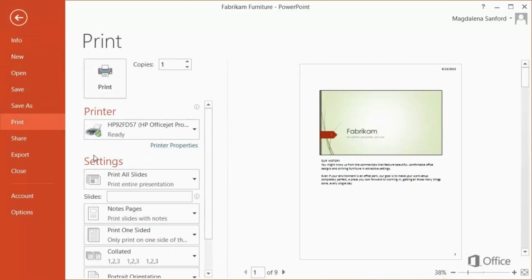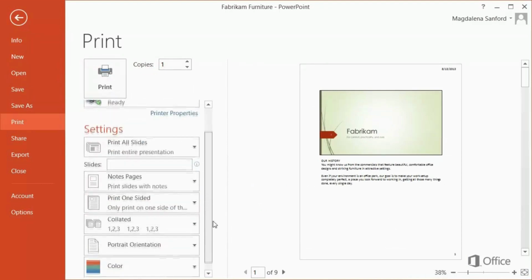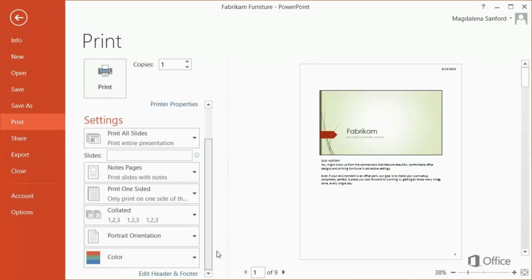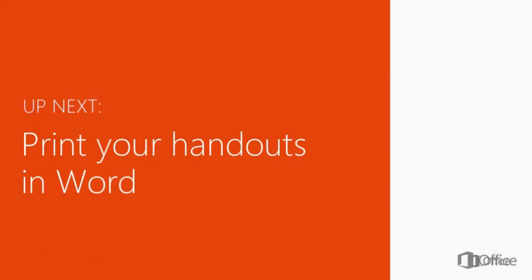Be sure you've selected the Notes page's layout and choose the other options you want for the handout. For more details about working with Notes pages, see the course summary at the end of this course. Up next, print your handouts in Word.